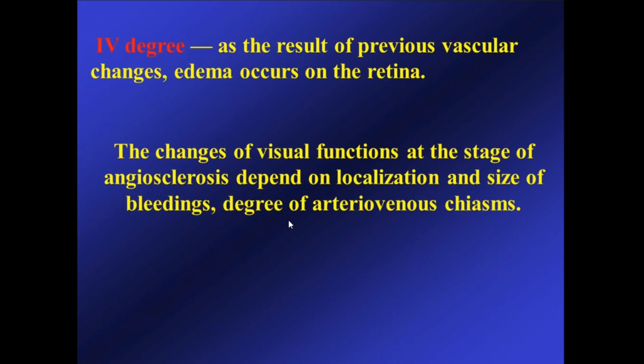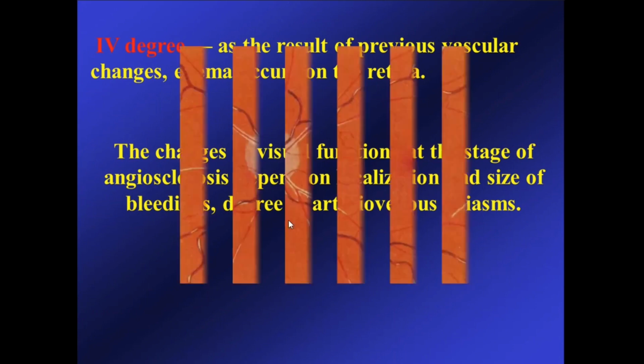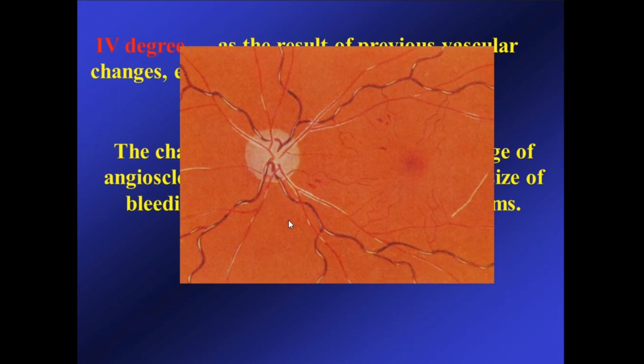But usually, also in this stage, the visual functions are good. Again, you can see the picture of angiosclerosis. You can see examples. This is Salus Gunn symptom where we can see that the vein looks interrupted.